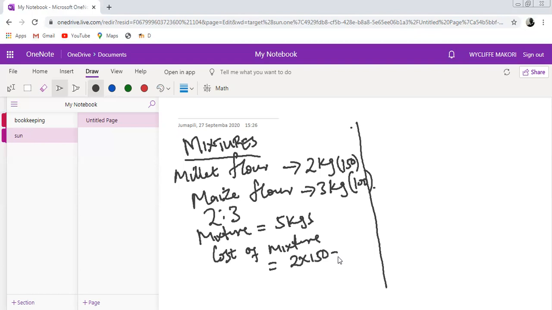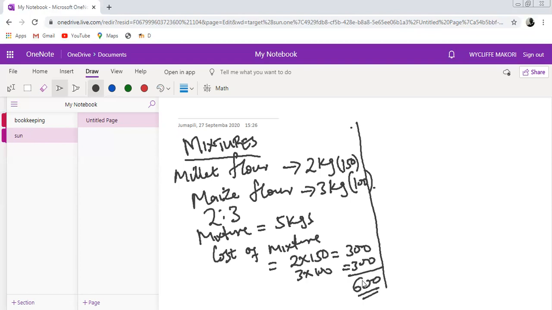It will give us the cost for the millet flour, which is 300, and the other one is going to be 3 times 100, which is also 300. So the mixture is going to cost 600.